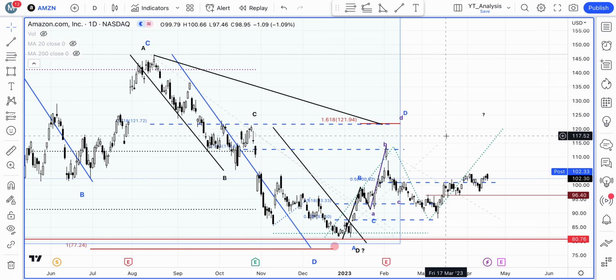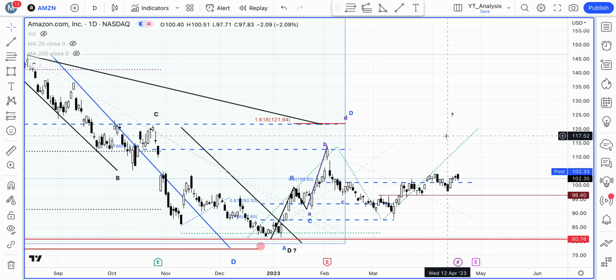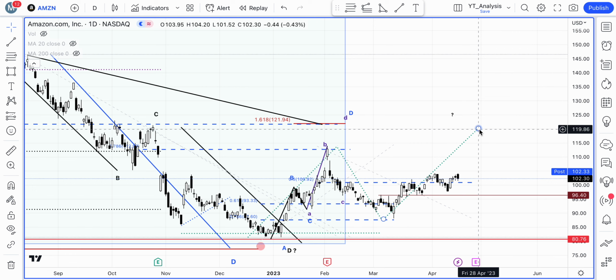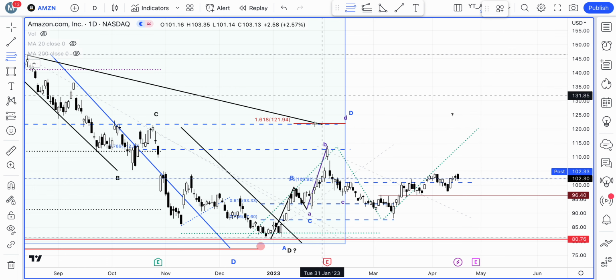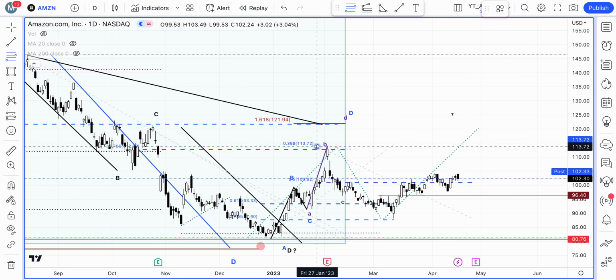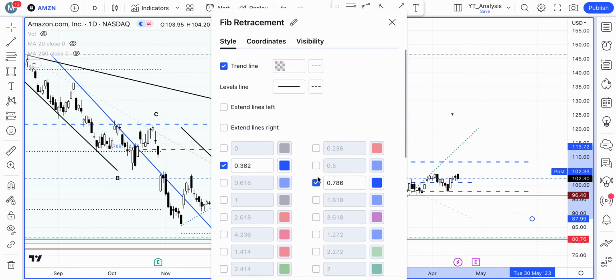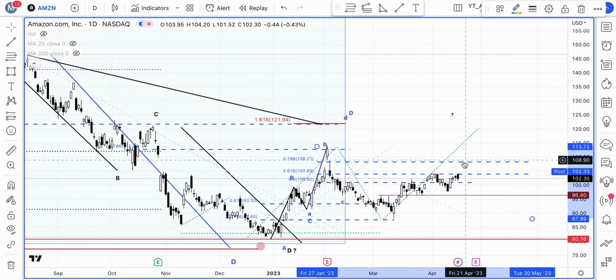Here, the stock is still above this brown line. We think it might be moving in an ABCD formation higher, although it's not very convincing, but we'll still keep it here for now. And it's pretty much at the 61.8% Fibonacci retracement. There we go. And yeah, it's in this resistance zone.